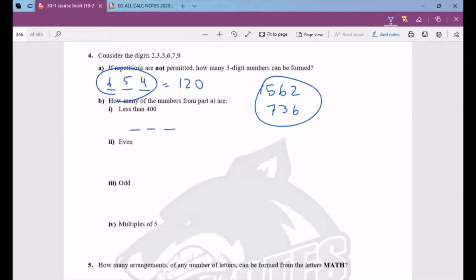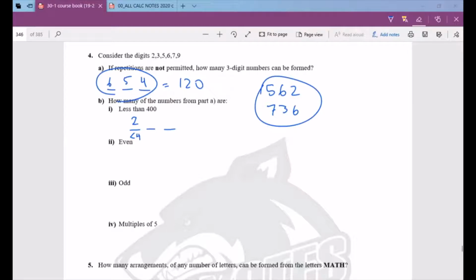And how do you know if a number is less than 400? Well, that first number right here has to be less than 4. So there's our restriction. In other words, it's going to be a 200s number, or it's going to be a 300s number. This 2 represents that this number is either going to start with a 2 or a 3.